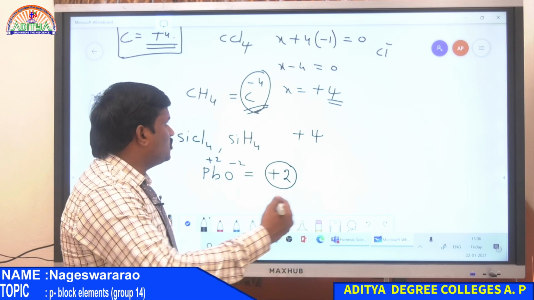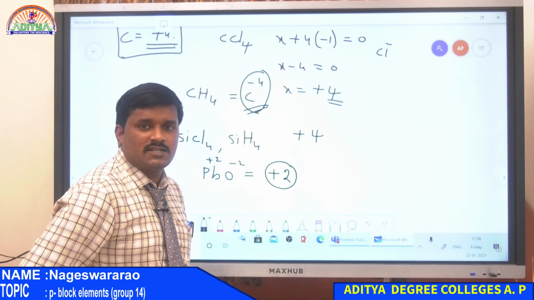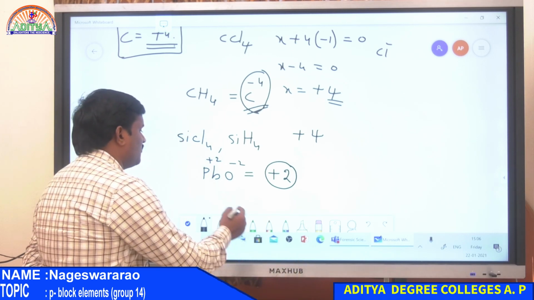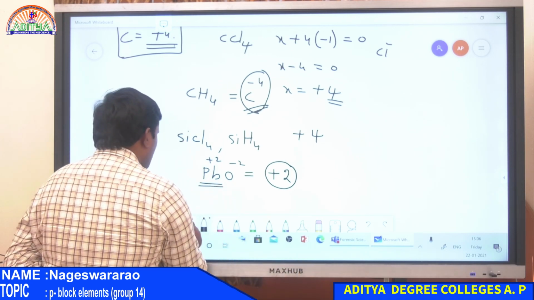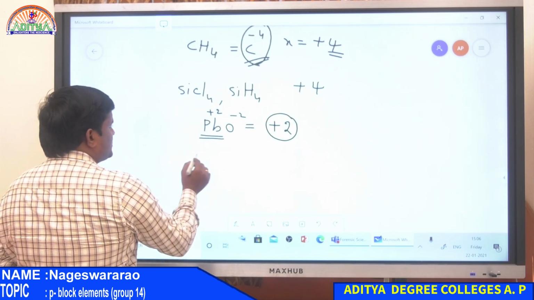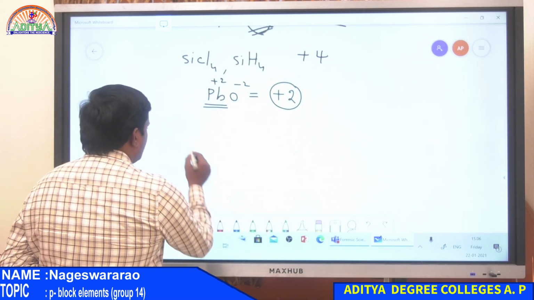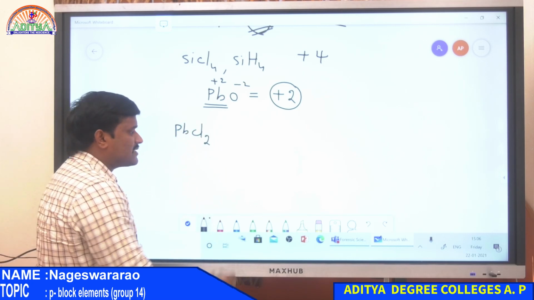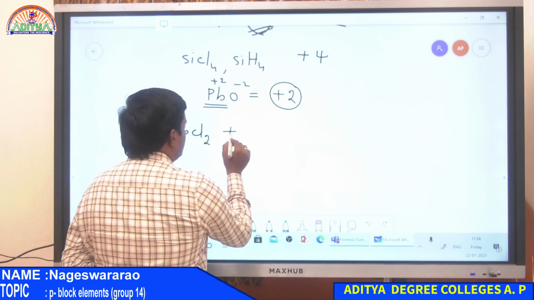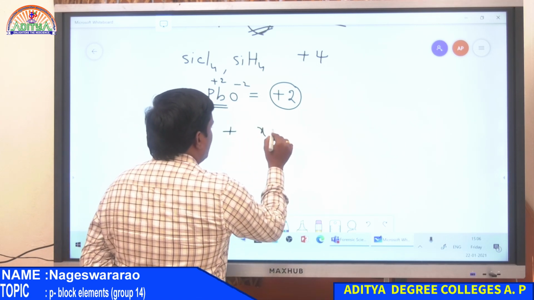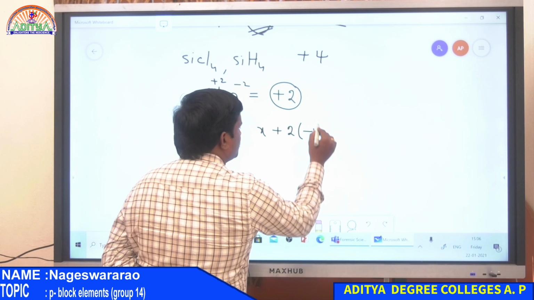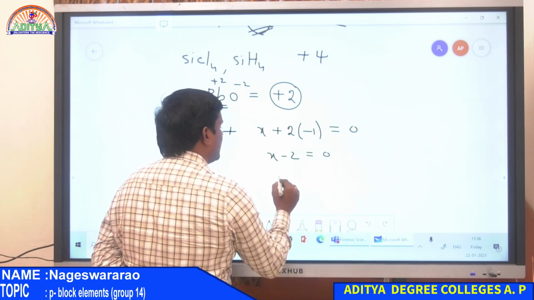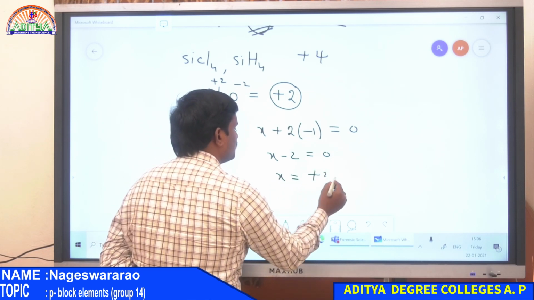Therefore, from top to bottom, the +4 oxidation number decreases, whereas +2 is more stable for lead. One more example, PbCl2, lead chloride. In this example also, Pb is x, and for Cl2 it is 2 into -1, total charge is 0, therefore x minus 2 is equal to 0 and x is equal to +2.